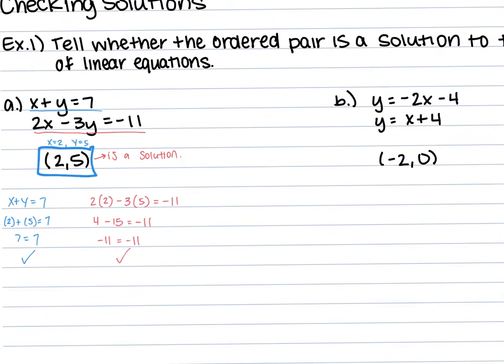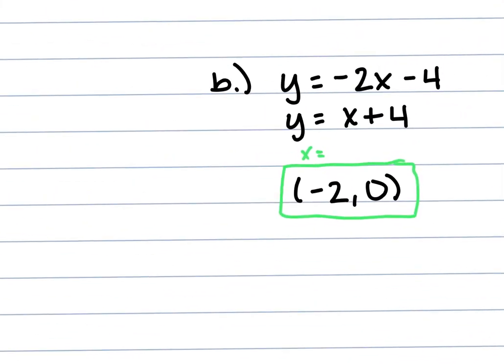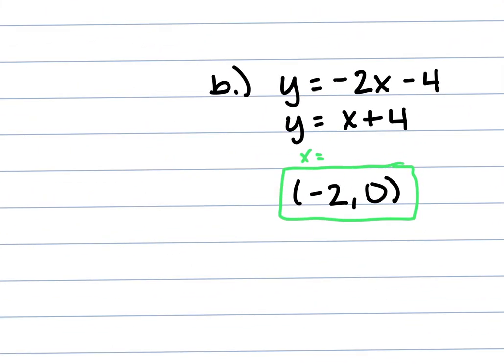So in B, our point changes to negative 2 comma 0. So my x value is negative 2, and my y value is 0. So I'm going to take the first equation, which is y equals negative 2x minus 4, and plug in.